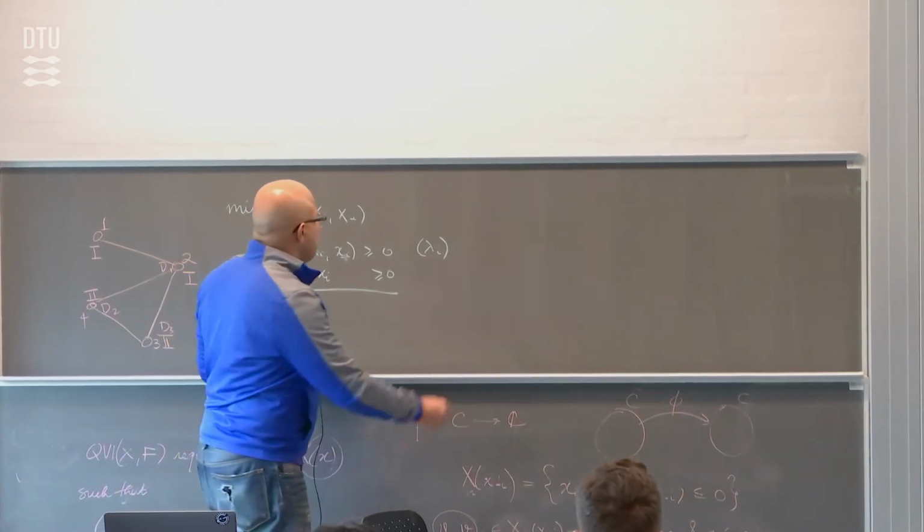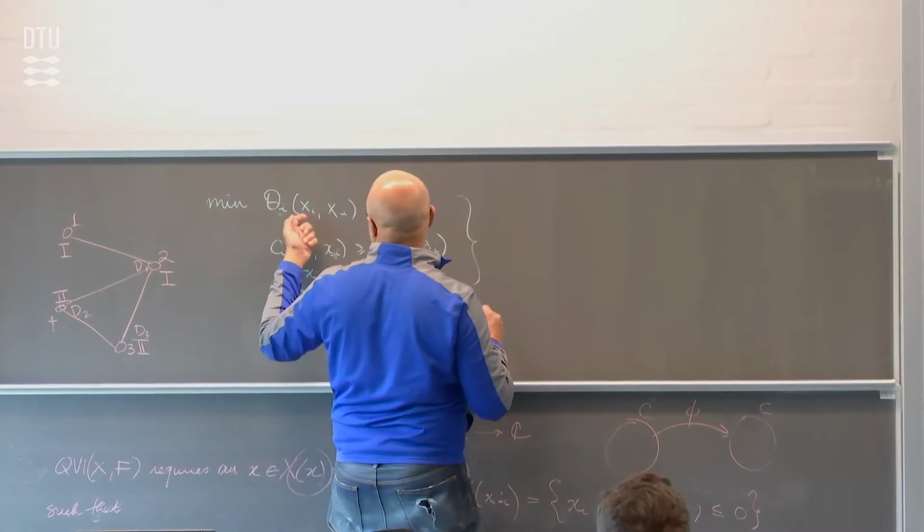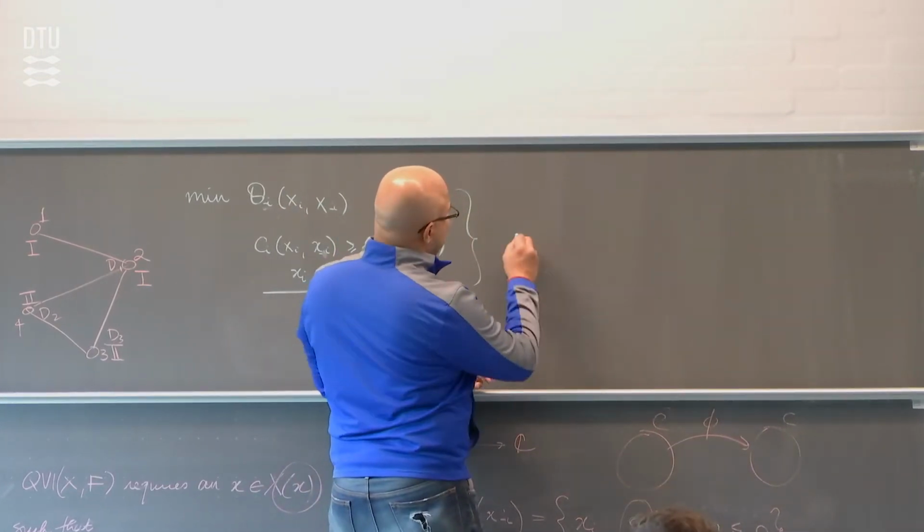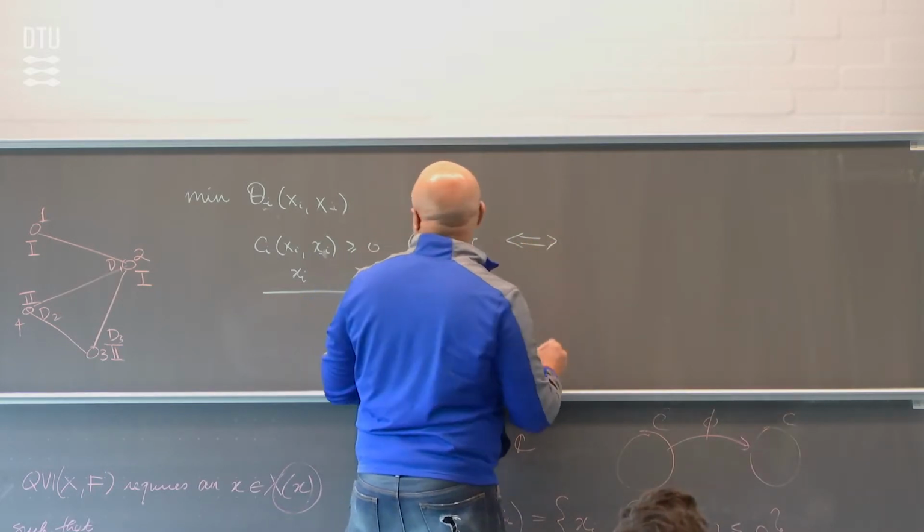Okay, so the KKT conditions of this, assuming that theta i is convex in xi given x minus i, are necessary and sufficient. And what are the KKT conditions of this?